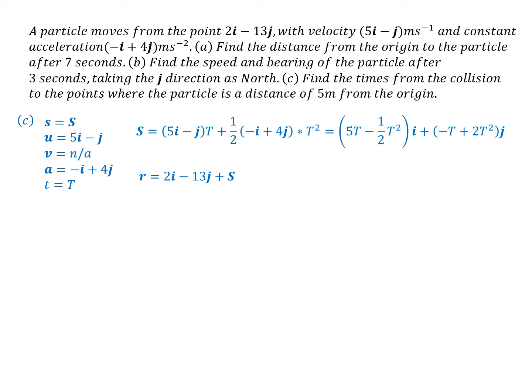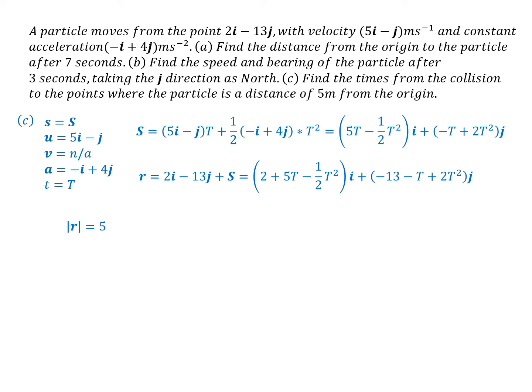So once again, the position vector of the particle is this initial position plus the displacement from the initial point. So that gives me my expression for the position vector of the particle at time t.